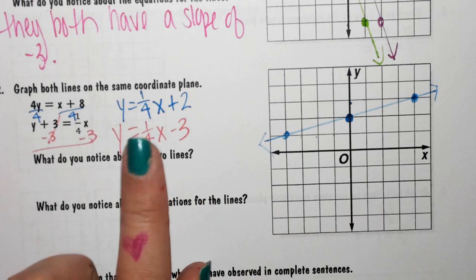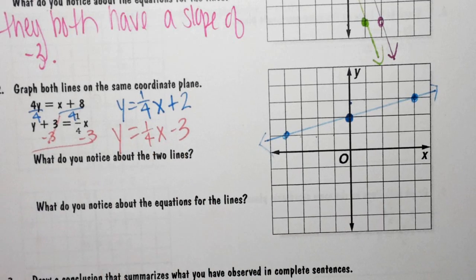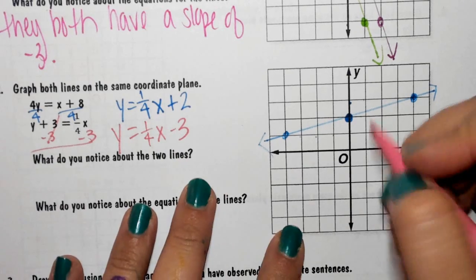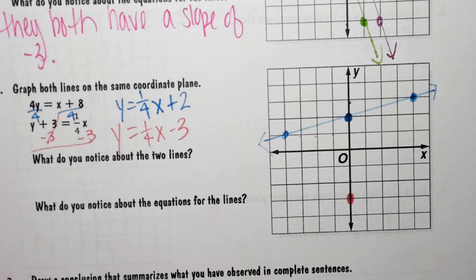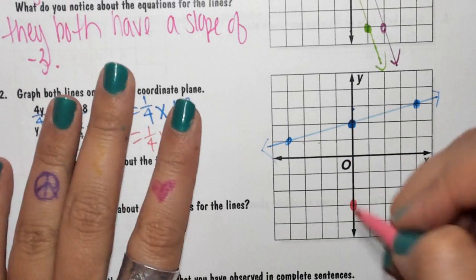Alright, now how do I graph this Manny? Go down 3. Take a point. Rebecca, can you tell me what to do next? Yes, ma'am.